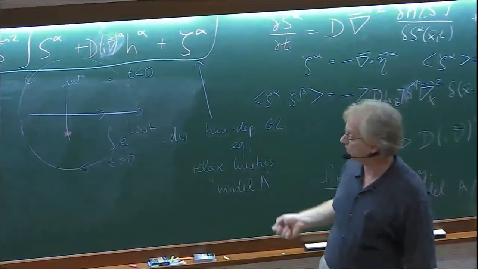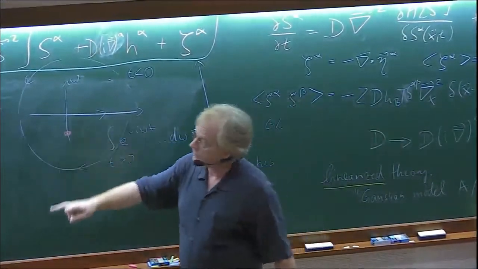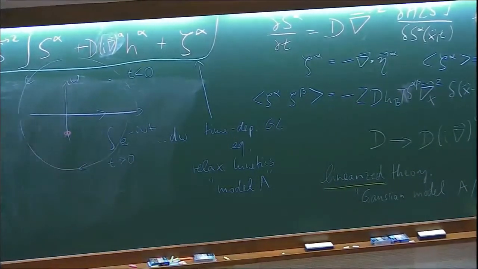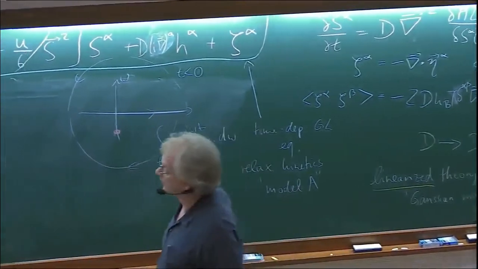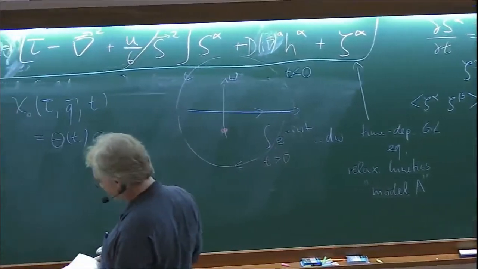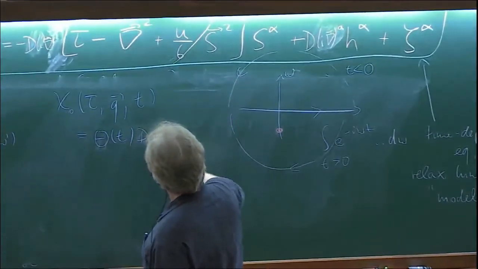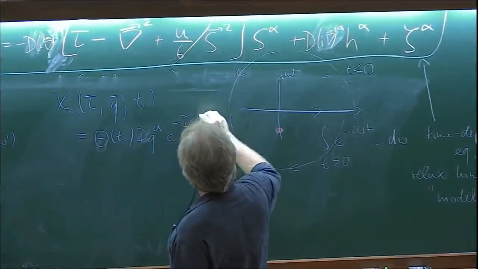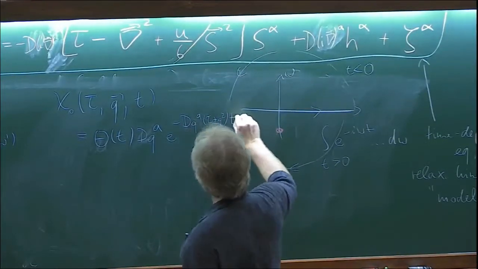We get minus 2 pi i, and we get the residue at this pole, which just means we need to insert, as I said, the minus i d q a tau plus q squared into e to the minus i omega t. So with the right factors of 2 pi taken care of, we get a d q to the a, and then e to the minus d q a tau plus q squared and t.